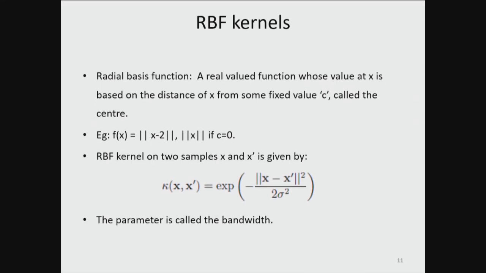Then we take any two instances or elements belonging to that class and call them X and X dash. Having chosen the two instances, we can find the distance between them using the radial basis function, and correspondingly define the kernel using this formula.